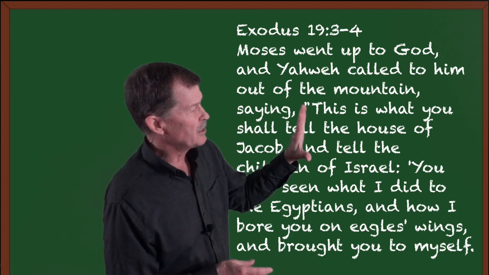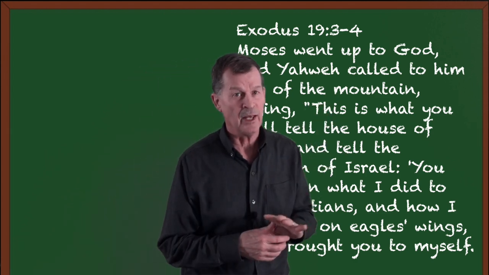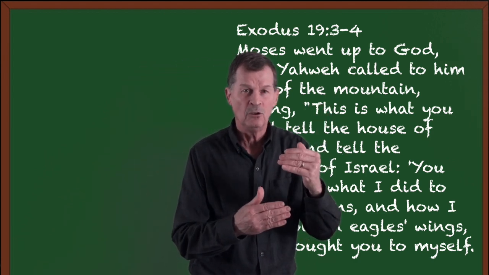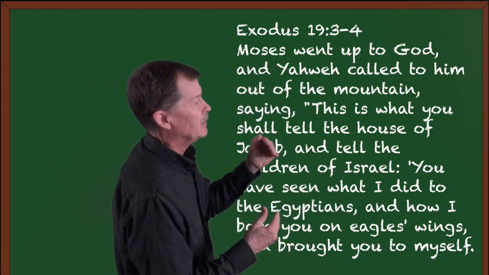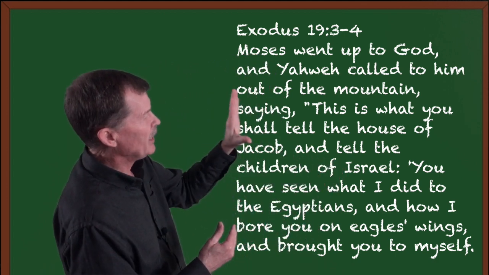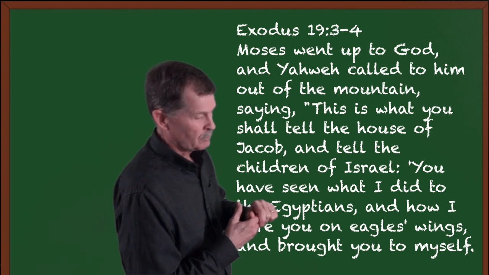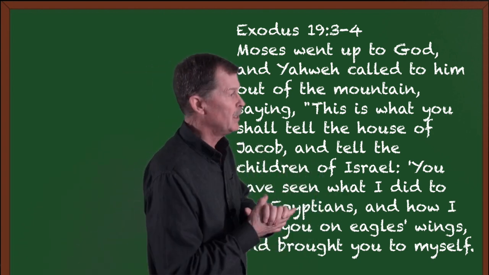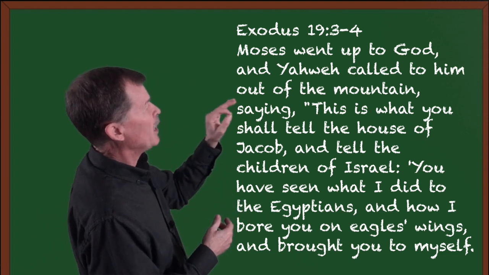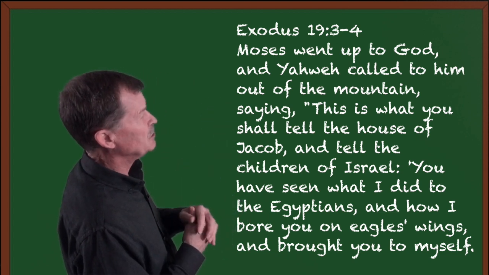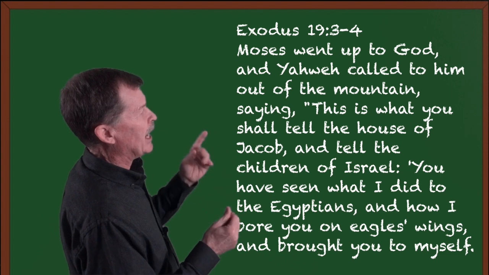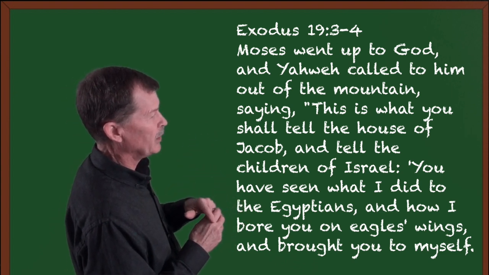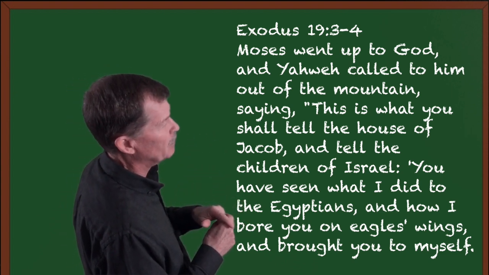What this context is saying is that God is saying, look what I've done. He isn't saying, just tell them to believe in me. Have faith. Jump. No, he says, you have seen what I did to the Egyptians and how I bore you on eagle's wings and brought you to myself.